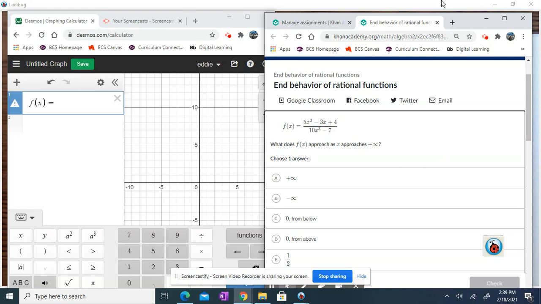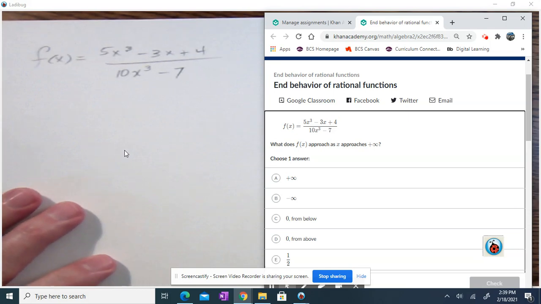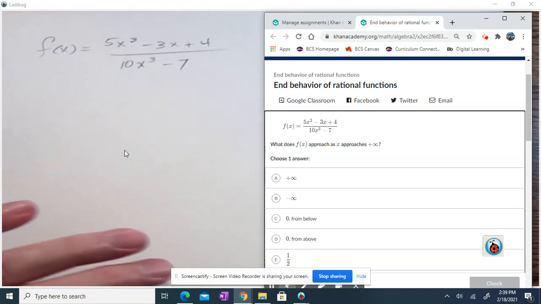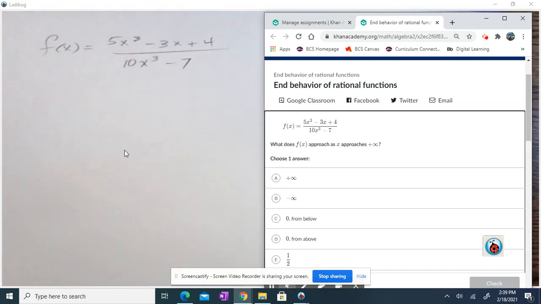Let me shrink this for a minute. First, I want to look at it without Desmos. Really, Desmos is cheating. The idea here is that by just looking at the function, we should be able to figure out what happens to the value of the function as x gets very, very large, in a positive way.